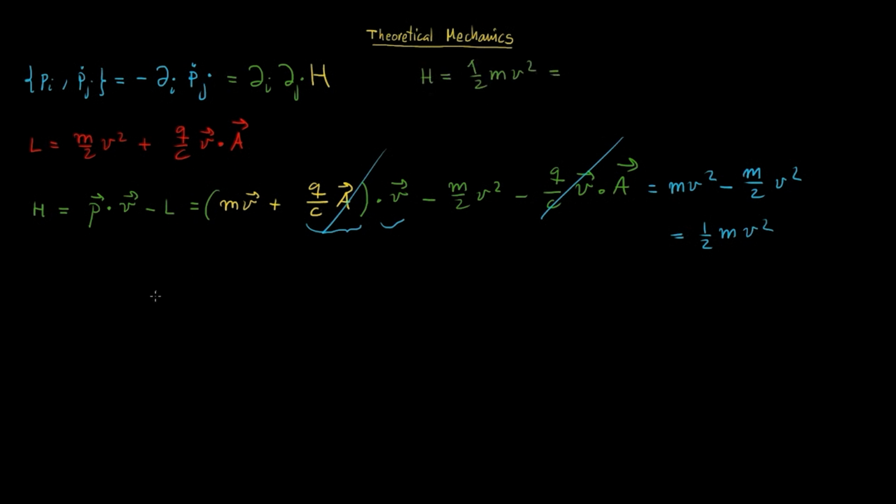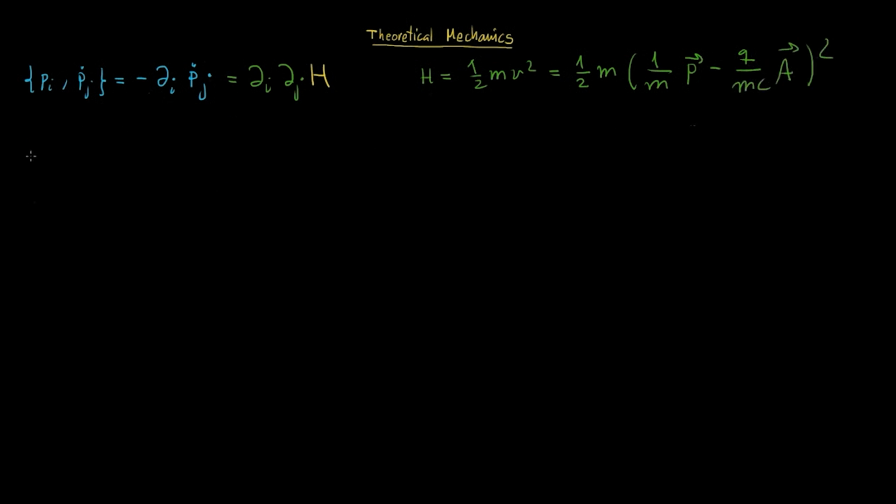Of course, we know that the vector v is 1 over m p minus q over m c A. So this is 1 over 2m times (1 over m p minus q over m c A) squared. So our Hamiltonian is, if we factor out m squared, 1 over 2m (p minus q over c A) squared.